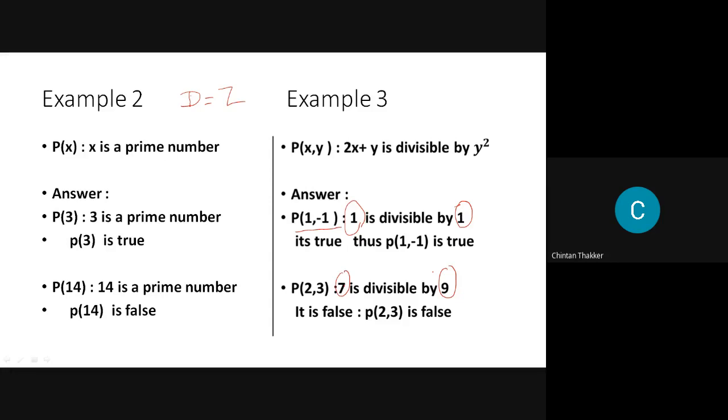Yes, right, Jenny. So for 1 comma 2 the predicate is true, and for 4 comma 6 the predicate is false.